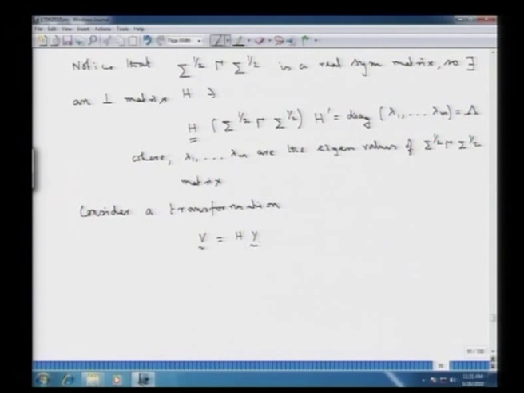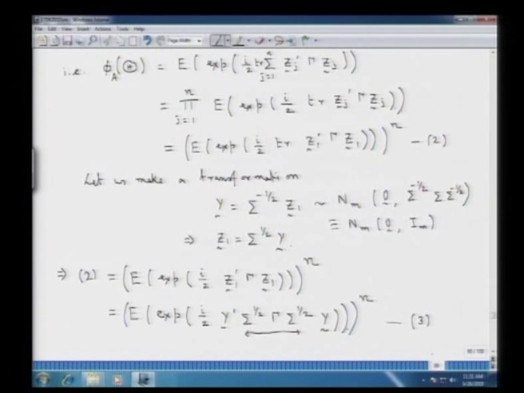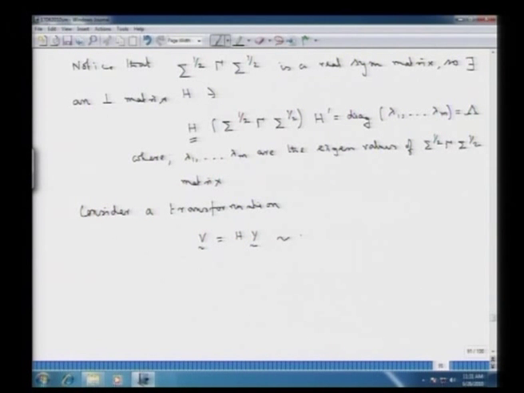Now, H is this orthogonal matrix. We know what is the distribution of Y. What is the distribution of Y? The distribution of Y is multivariate normal with a mean vector as null vector and a covariance matrix as Im. So, this will lead us to the distribution of this V. Now, what is the order of this H matrix? H matrix naturally is m by m.